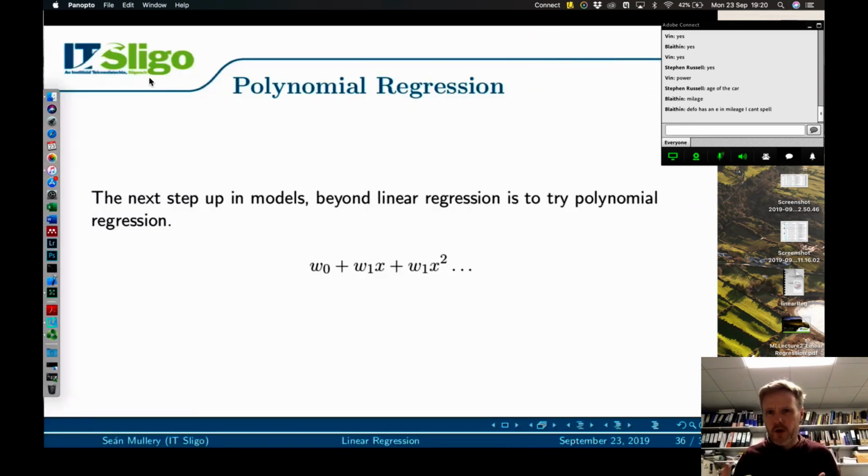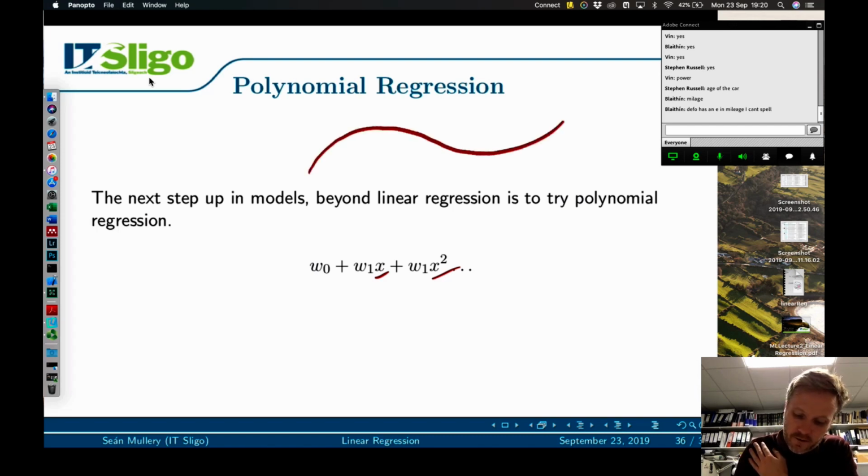Just to say, where do we go from a linear model? What is the next thing that we do? For a single variable, we would look at the variable and the variable squared and the variable cubed and so on. So we can then do polynomial curves to try and fit data.